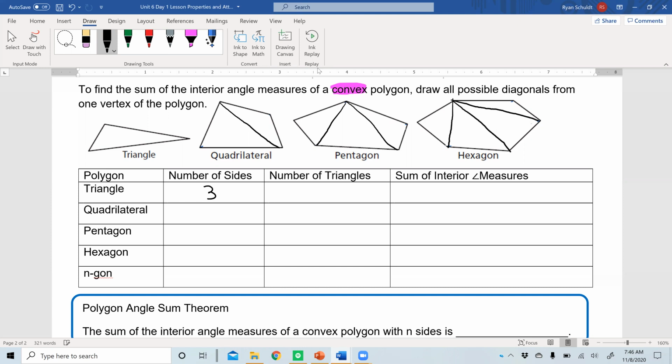Just one. And so the sum of the interior angle measures, well, there's only one triangle. So if I said 1 times 180, that would get me what? 180.